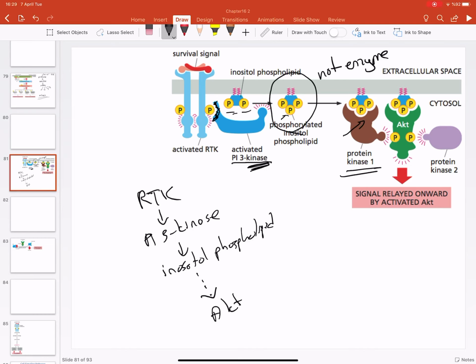Now, if you're going to study cancer, there are a few enzymes that you should always remember. One of them is AKT. This is a main signal. By the way, it's also called protein kinase B. Remember, there was protein kinase A, which is activated by cyclic AMP. There was protein kinase C, which is activated by DAG and IP3.